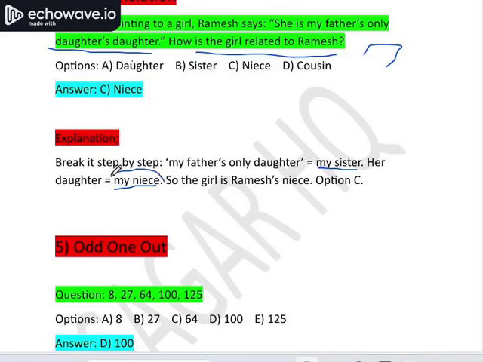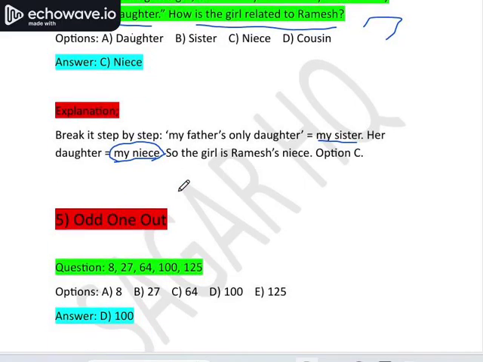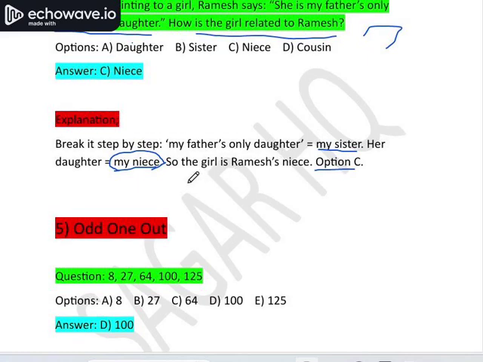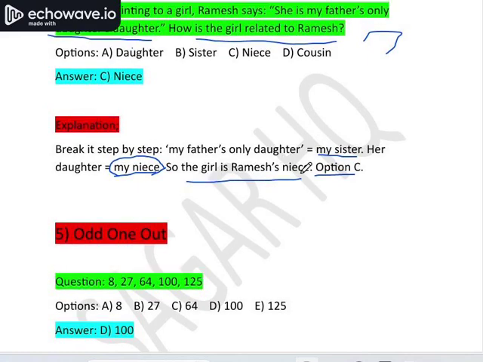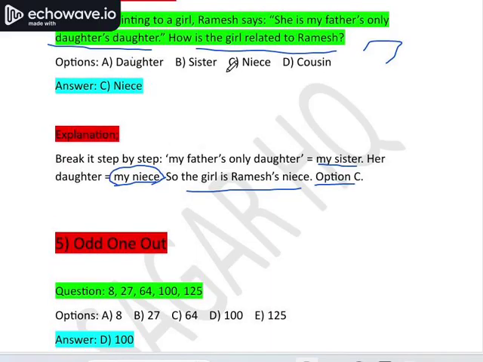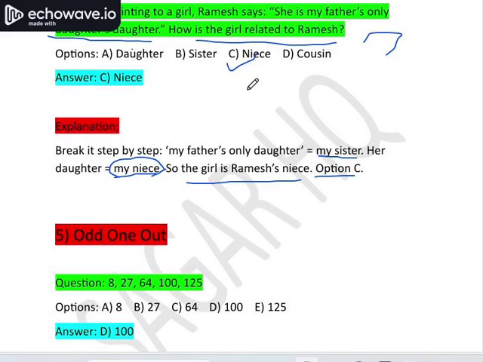And furthermore, a sister's daughter is a niece. So the girl is related to Ramesh as his niece. So we can see that the right answer is option C, which is niece.